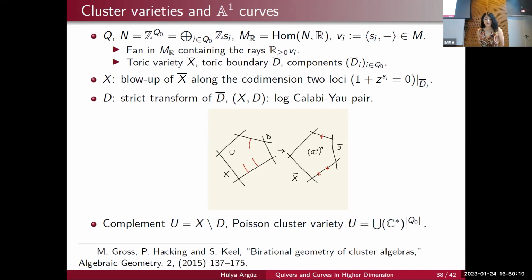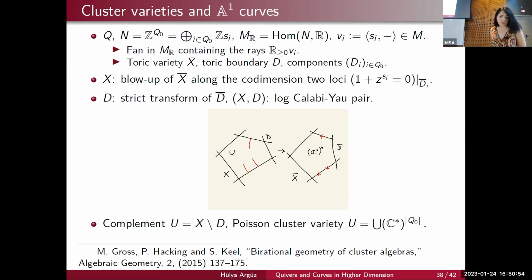There is also a geometric way to construct them, explained in the paper of Gross-Hacking-Keel, which says that if you have a quiver Q, then you can construct a toric variety, just as I described. If you take bases for your lattice N, Z to the number of vertices in Q, I denote the basis elements again by e_i, and I define v_i to be this element in the dual lattice M defined by using the skew-symmetric pairing.